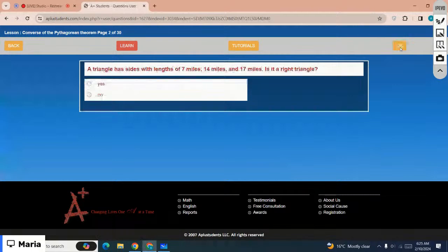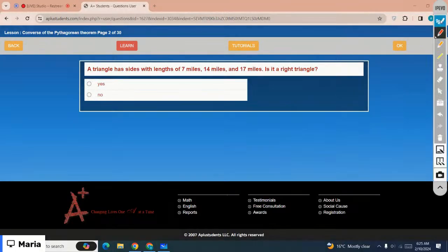Our triangle has the side lengths of 7 miles, 14 miles and 17 miles. Is it a right triangle? Okay, let's see. The largest one is the hypotenuse. So 17 square equals 14 square plus 7 square. 17 square is, I think, 289. Let me just confirm. 289. 14 square is 196 plus 49.